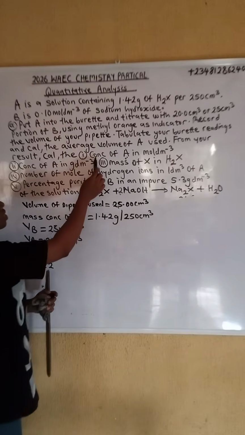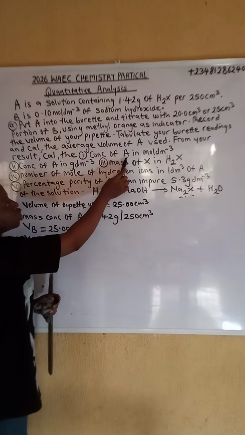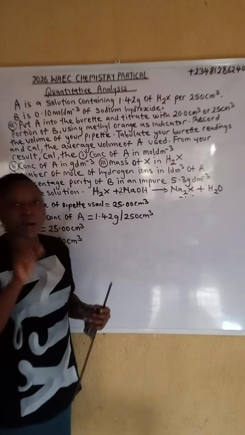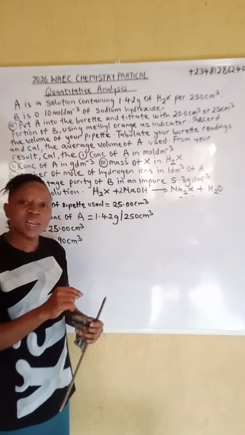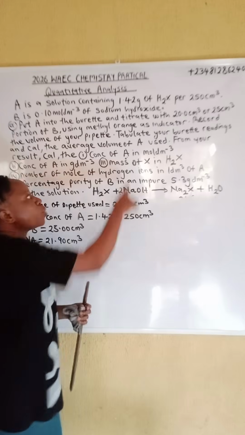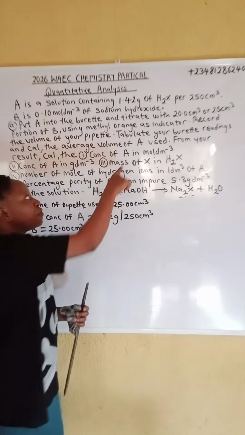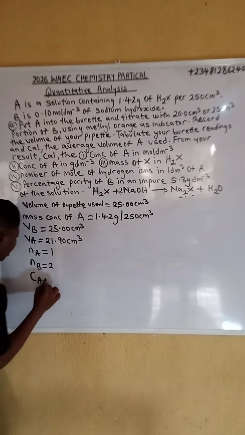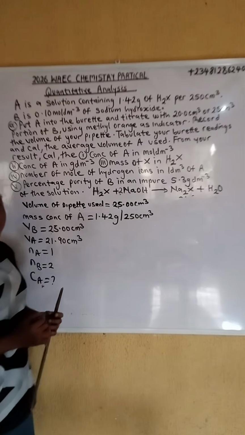Then the question says calculate the concentration of A in mole per dm cube. Anything mole per dm cube is the molar concentration. So we are looking for the molar concentration of acid, that is A. So let's write it as Ca. Ca is unknown.